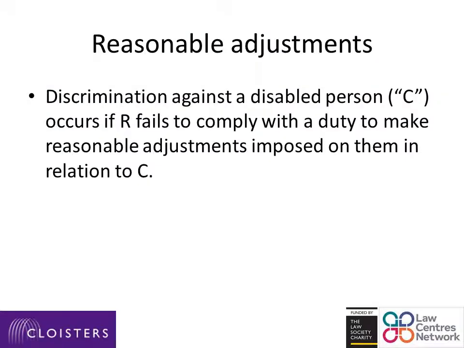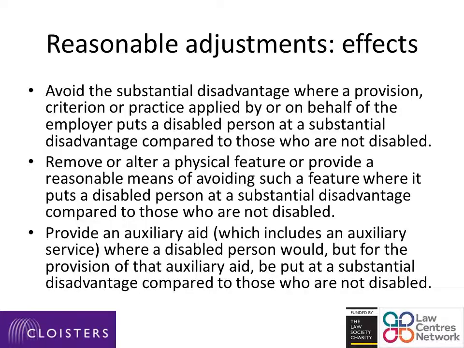Turning to reasonable adjustments then, discrimination against a disabled person occurs if the respondent fails to comply with the duty to make reasonable adjustments imposed on them in respect of the claimant who is a disabled person. The effect of making reasonable adjustments should be to avoid the substantial disadvantage where a provision, criterion or practice applied by or on behalf of the employer puts a disabled person at a substantial disadvantage compared to those who are not disabled.